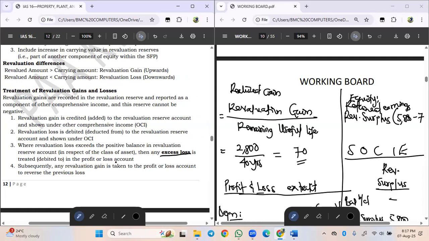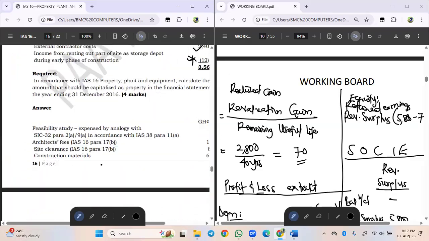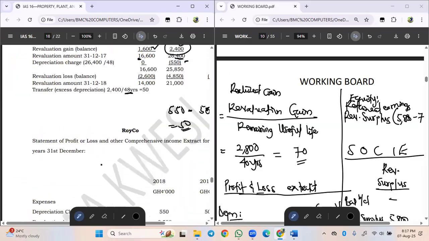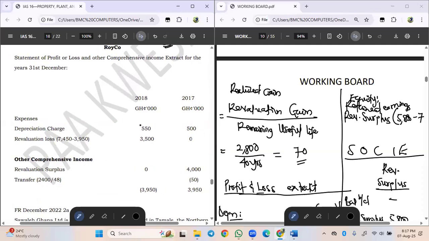If you debit something to the P&L, it means you treat it as an expense. That's why you are seeing revaluation loss as part of depreciation and all that. They are all losses, so expenses. So this one should be in brackets.